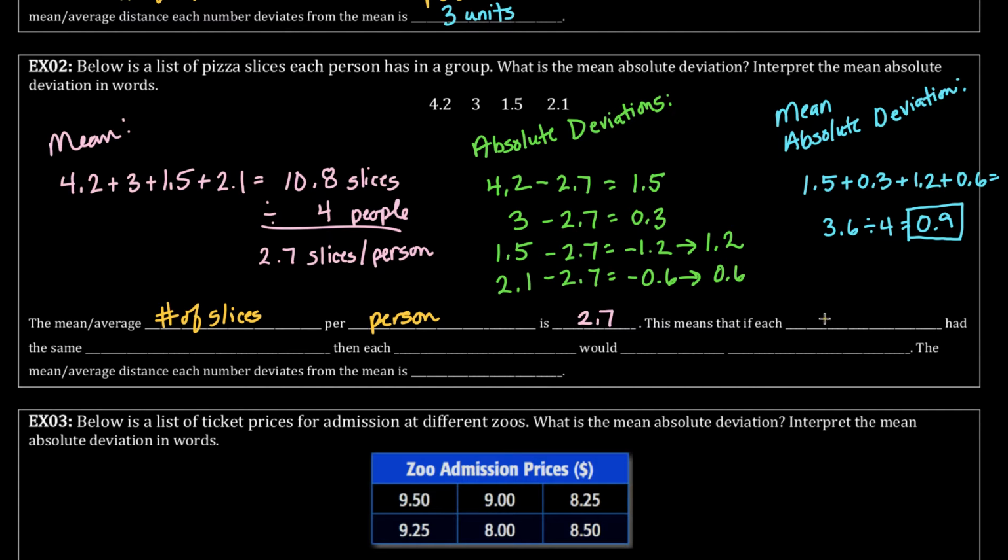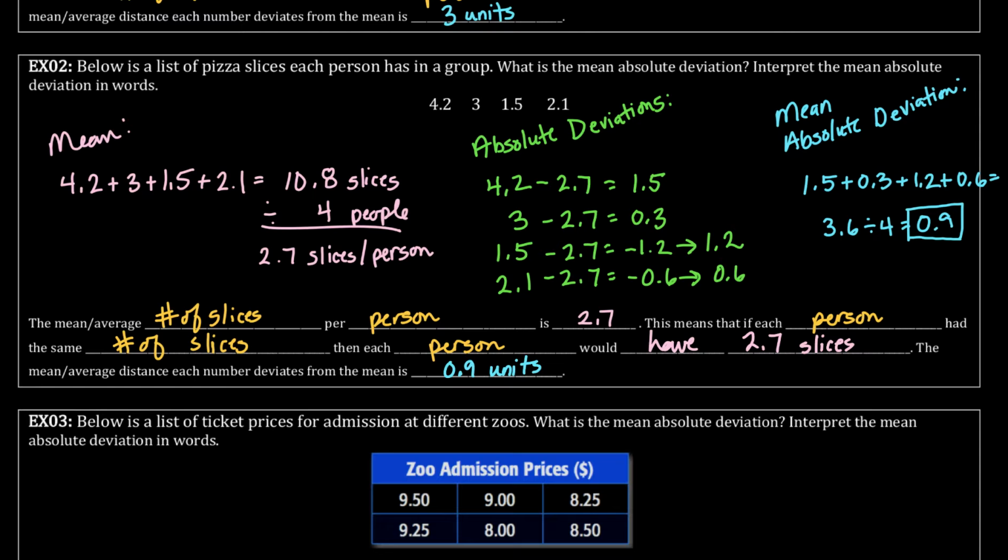That means if each person had the same number of slices, then each person would have 2.7 slices. The mean absolute deviation tells us the average distance of each number from the mean. So the average distance of each of these from 2.7 is 0.9 units.